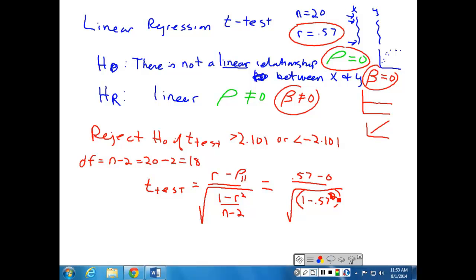It's 1 minus r squared divided by, in this case, 20 minus 2. So when you put it in your calculator, 0.57 divided by square root, it's going to give you one parenthesis, give it another one, and put 1 minus 0.57 squared, close that parenthesis, divide by 18, close that parenthesis, and you should be able to get that.